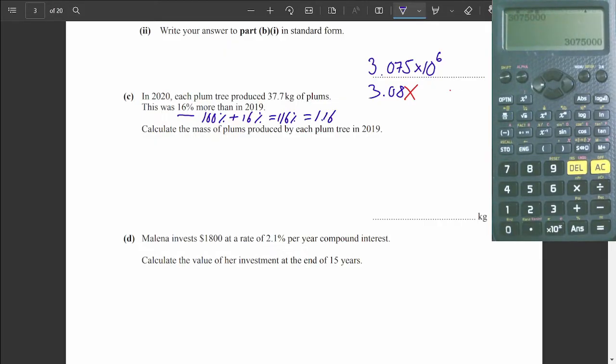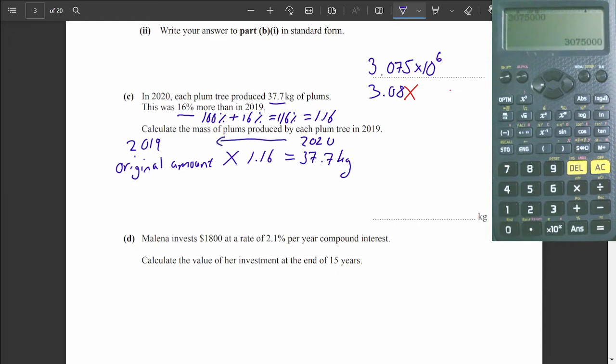So if you take the trees in 2019, okay, that's the original amount. To increase it, you multiply it by 1.16, and then you'll get the amount in 2020, which was 37.7 kilograms. But we're now going back. So we need to work backwards.